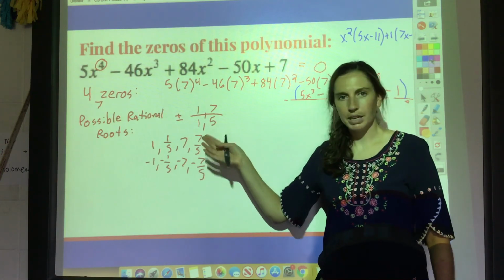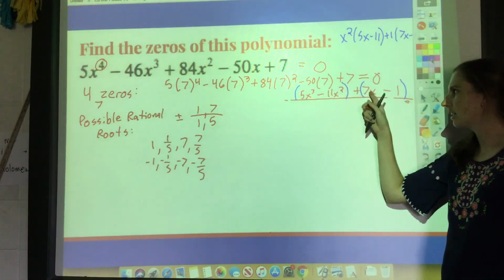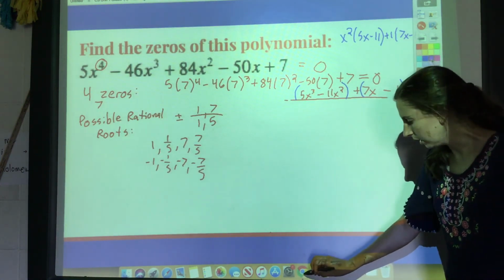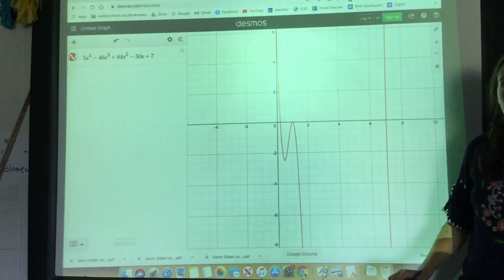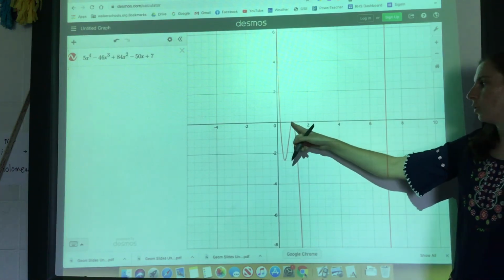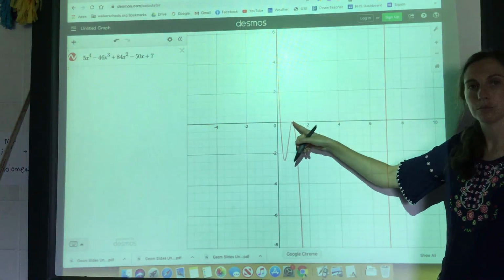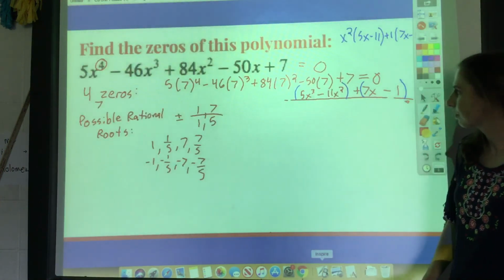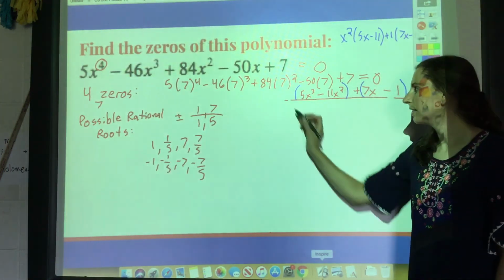You can randomly pick numbers, try plugging them in, and see if they give out 0. Or I can cheat a little bit and go look at my graph. It looks like 1 is probably a root, because it hits right at 1. So let's use 1, not try to randomly guess.